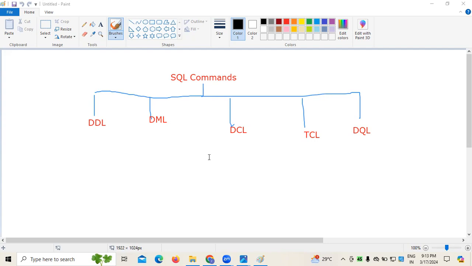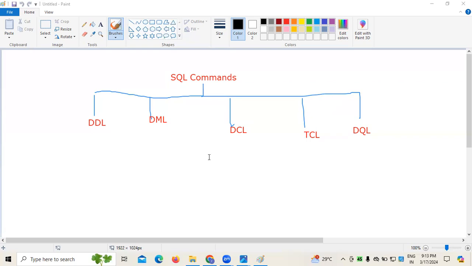Next, truncate. Again, I'm repeating, TRUNCATE.